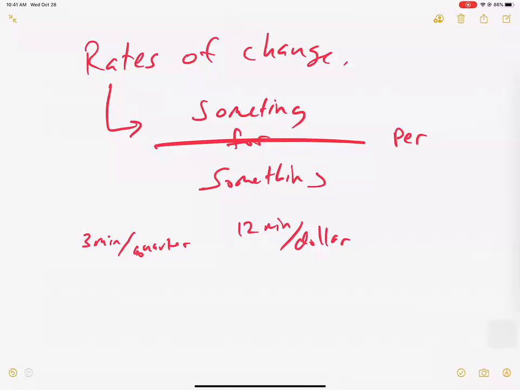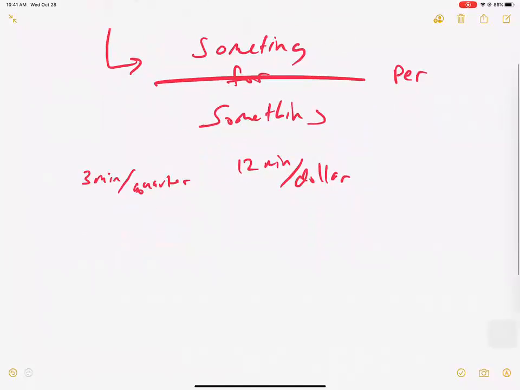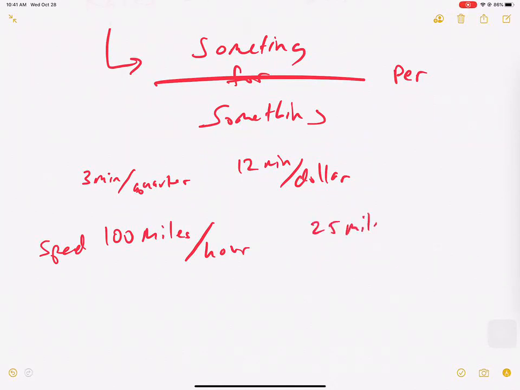There are also rates when it comes to speed. Miles per hour. I was driving at 100 miles per hour. That is a rate. In front of the schools, you have to drive 25 miles per hour. What else are rates?